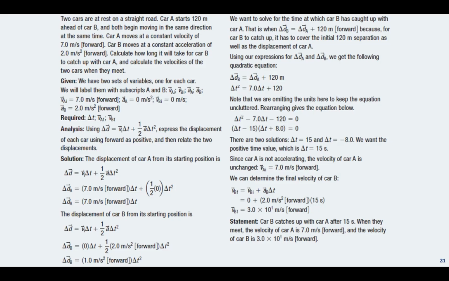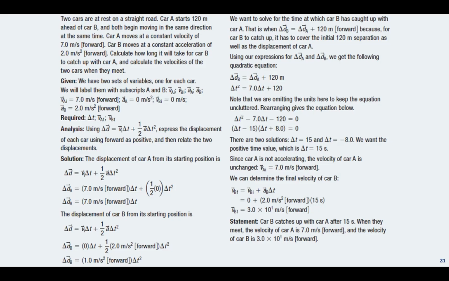Then acceleration is 0, so that cancels the second part. Therefore, we know the displacement for car A, delta dA, is 7 delta t, right? The displacement of car B from its starting position is given by also this formula, and then put all the values in. Then we can find displacement of car B is delta t squared, and direction is forward.